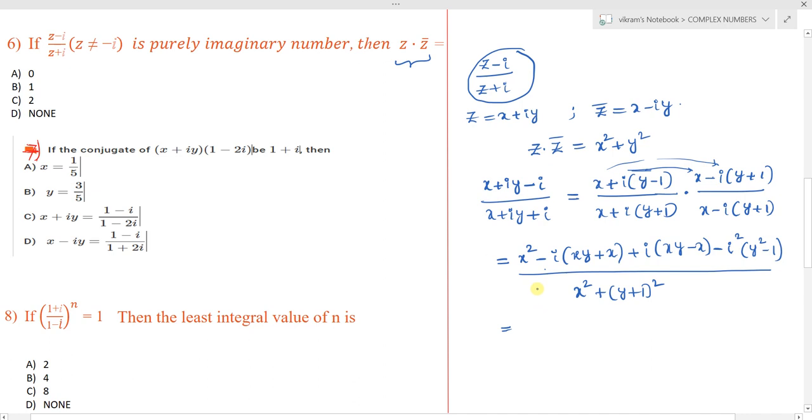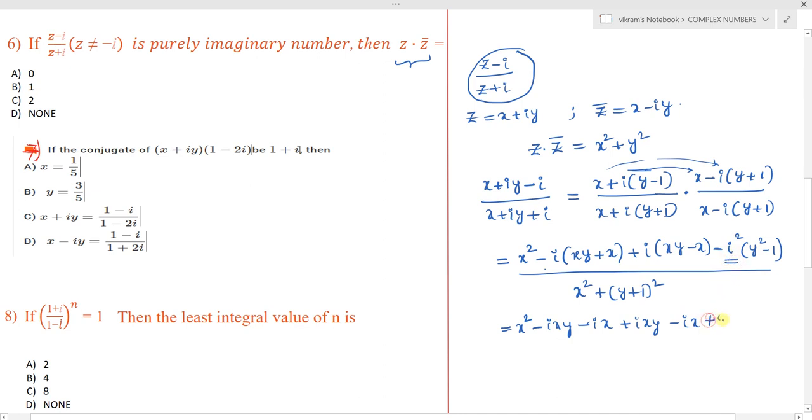Now try to simplify this. What do we get over here? x square minus iota times xy, minus iota times x, plus iota times xy, minus iota times x, and i square is minus, so minus into minus gives plus.